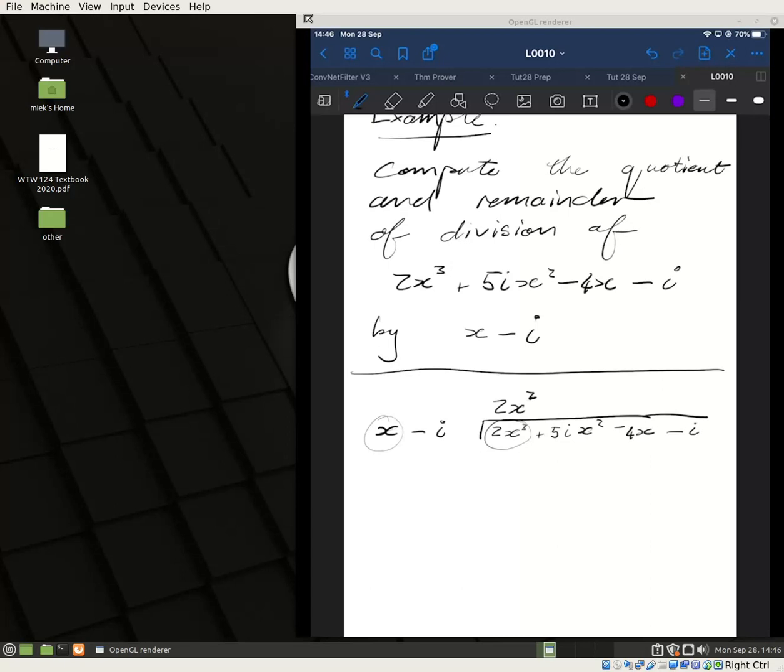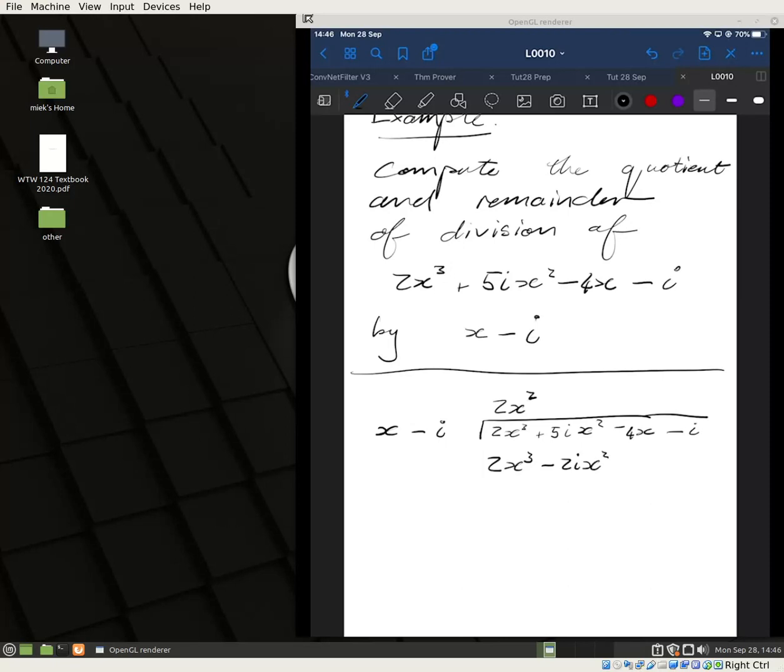Now we take what we've written there and multiply it by this entire expression here and write it below what we have here. So 2x squared times this becomes 2x cubed minus 2i x squared.